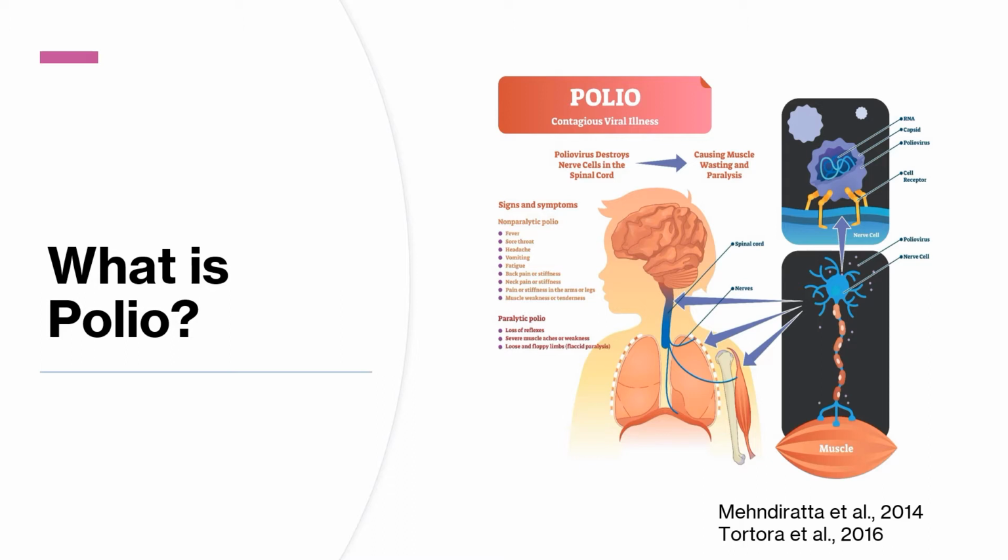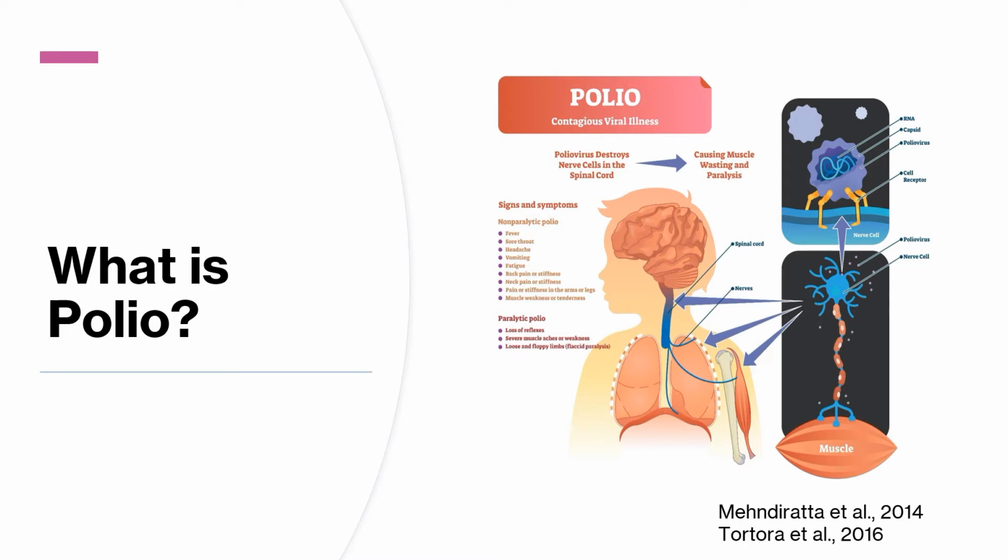Of those diagnosed with polio, fewer than 1% are affected with the paralytic form. In most cases, individuals are asymptomatic, and others may exhibit milder symptoms such as headache or fever.